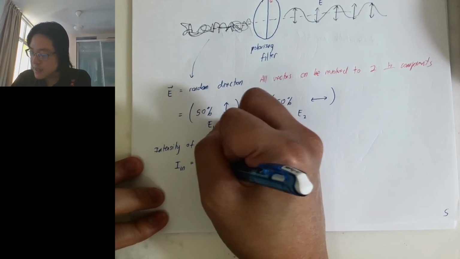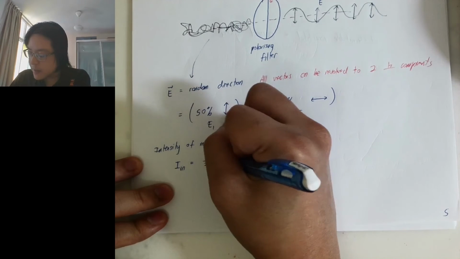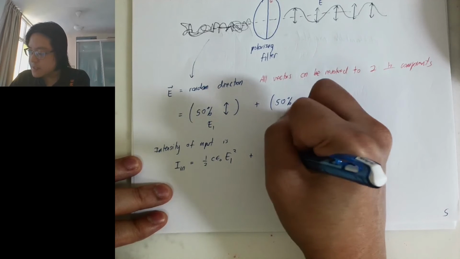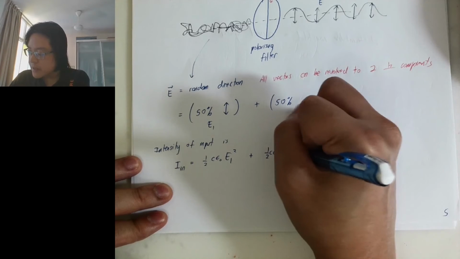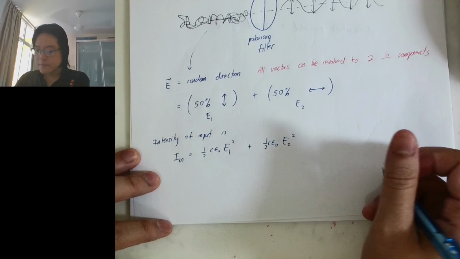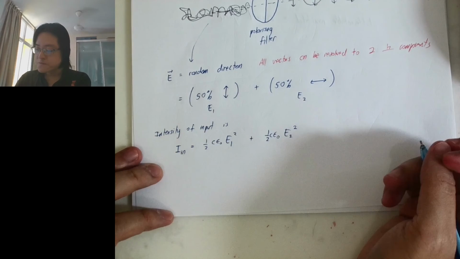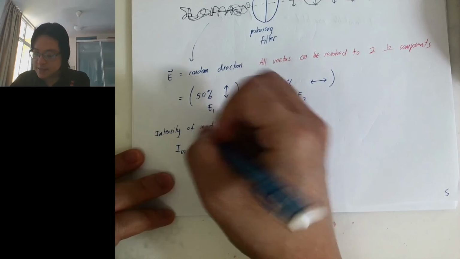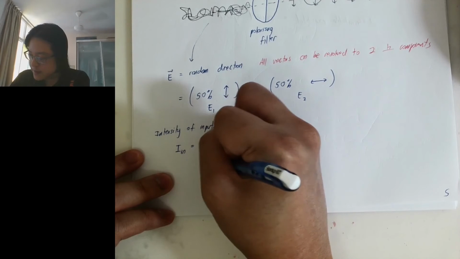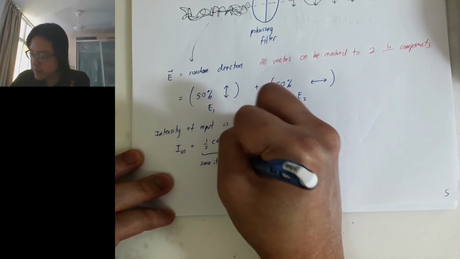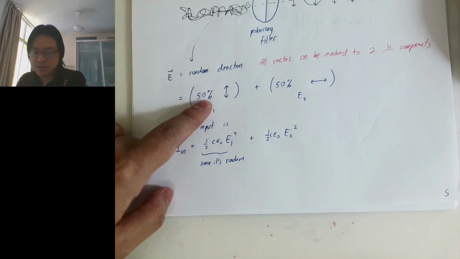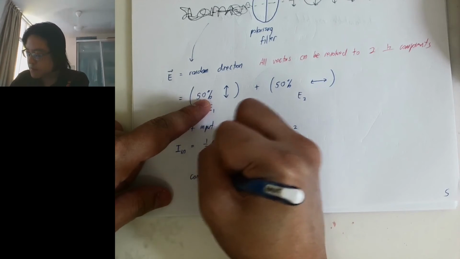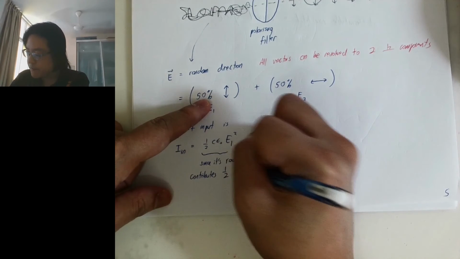This is the intensity of the direction parallel to the polarizer, and this other 50% is perpendicular to the polarizer. So this is half, and to emphasize, since it's random and this is 50%, this gives half of the total intensity.